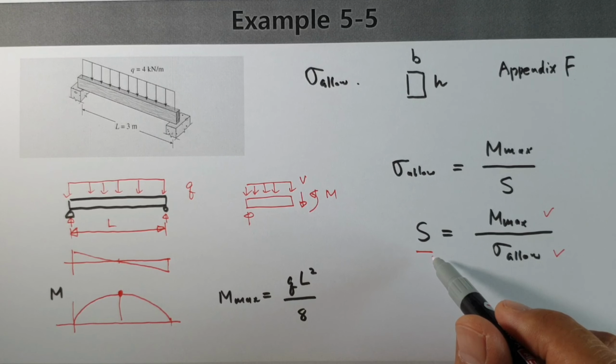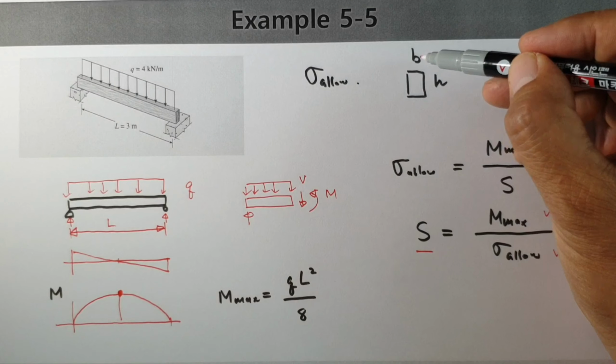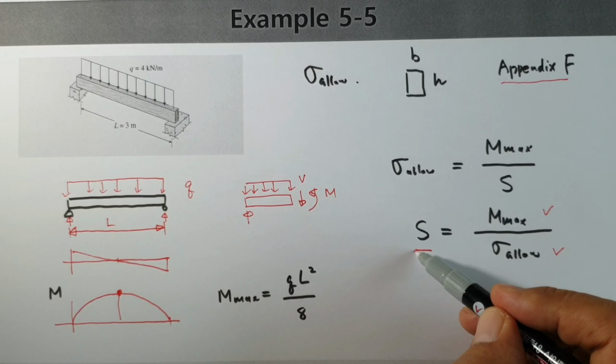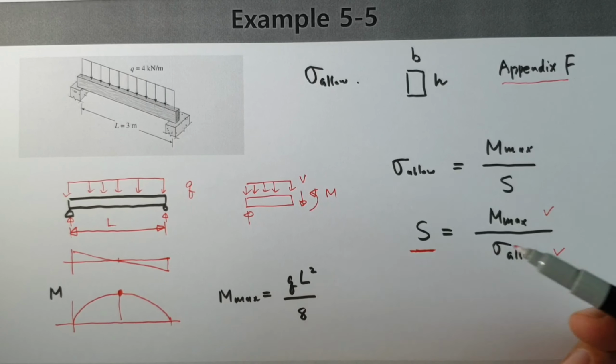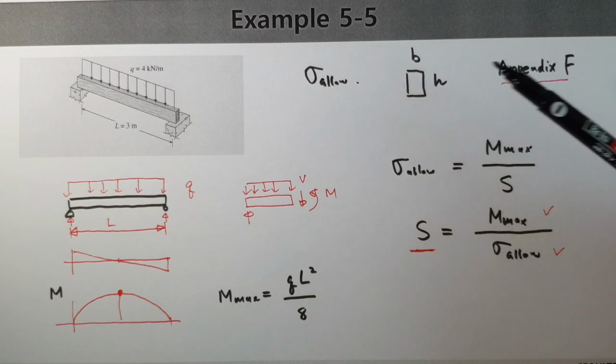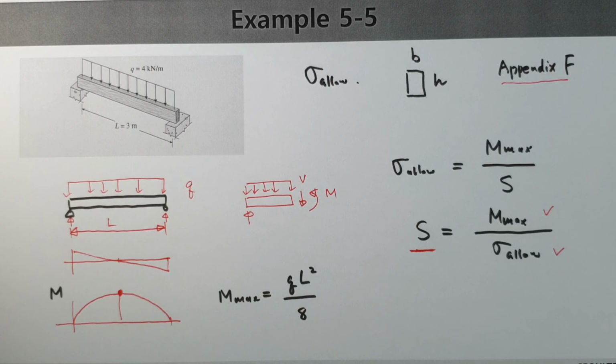When the section modulus is given, then we can find the proper combination of B and H in the appendix, which corresponds to the calculated value of the section modulus. Okay, just select that. Then finally, we can find in appendix F the B and H combination.